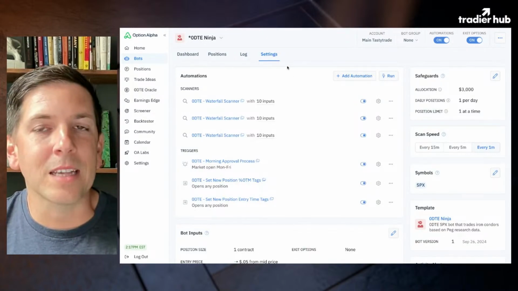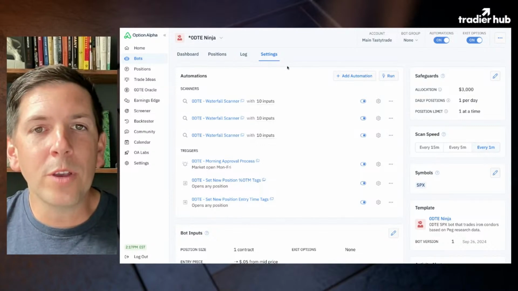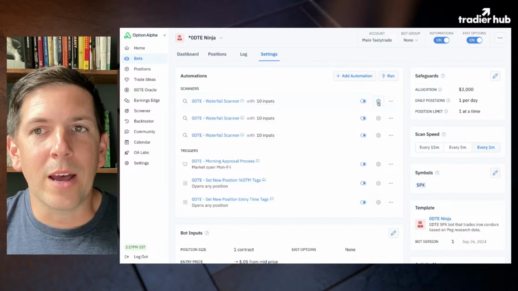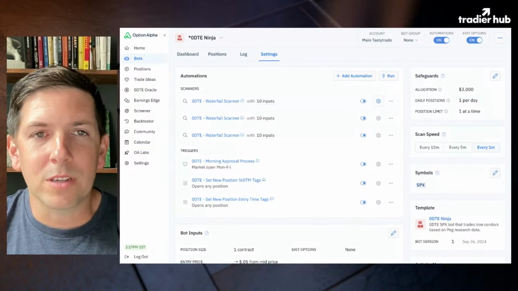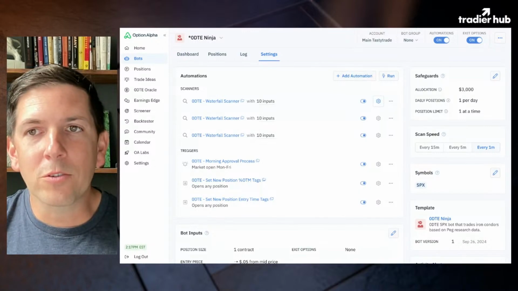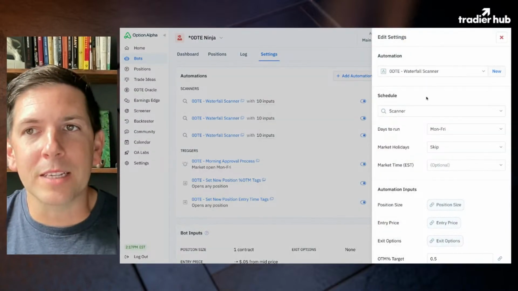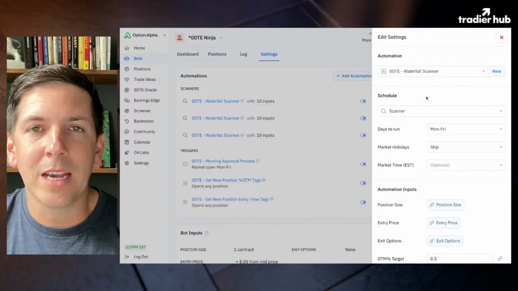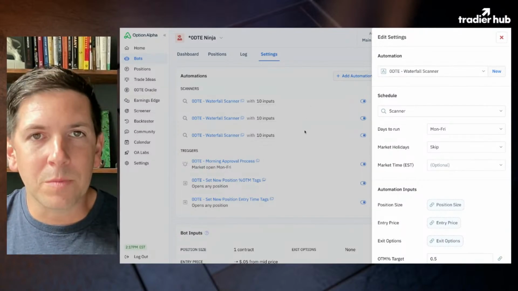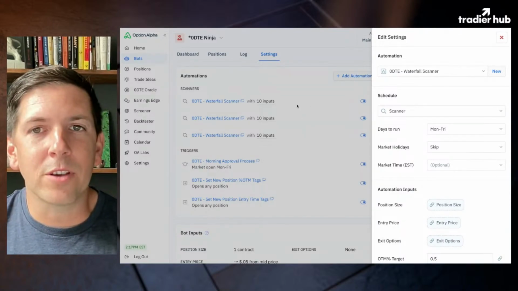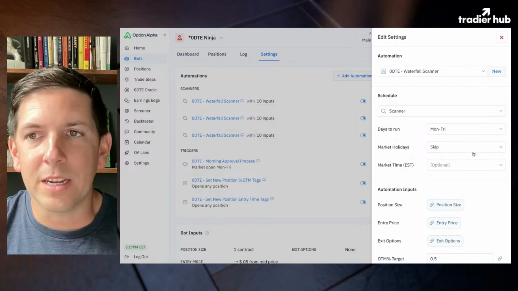But if you're inside of a bot that you're running, there are a couple of different ways you could set your bot up, so I'll show you these different ways. The first way is to set it up so your scanner only runs at predefined market times. I have a couple of different scanners with different settings for this bot that I've shared in the community before, which is my 0DTE Ninja.